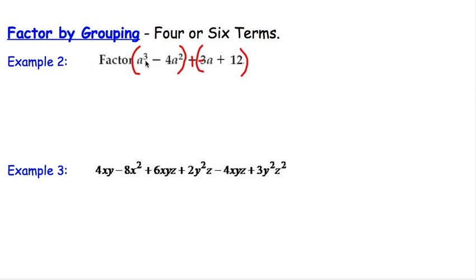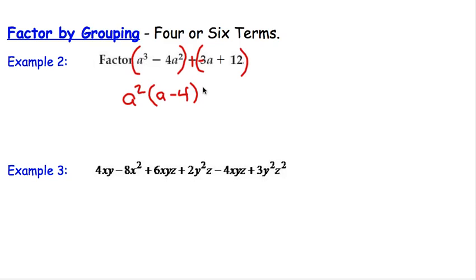Now I have 2 smaller parts, and I'm going to do the same thing as before, where I pull out their largest common factor. This is a cubed minus 4a squared. Both parts have a squared. So I'm going to pull that out to the front, and I write down my leftovers, which is a minus 4.